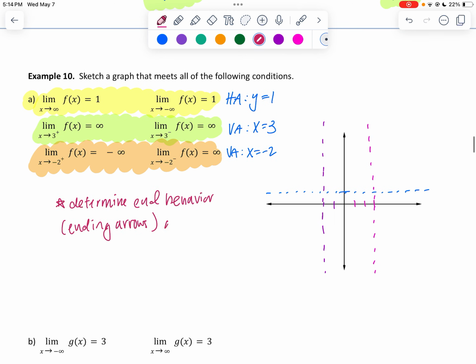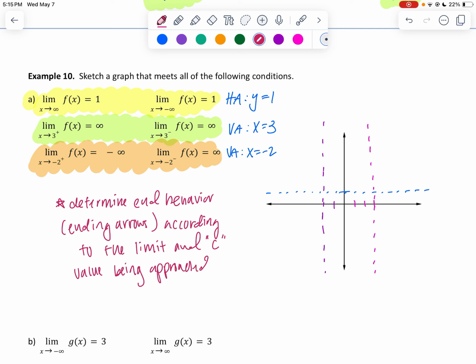And here we are looking according to the limit and the c value being approached. So what x values are we approaching, and then arrows based on the positive infinity or the negative infinity.